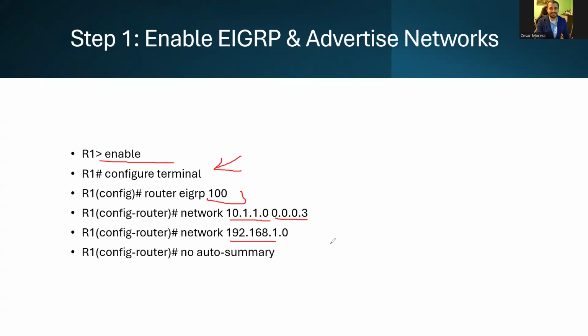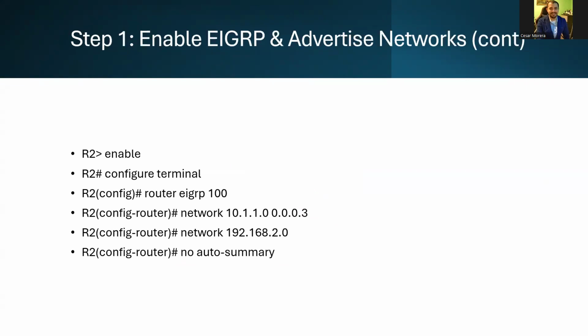Then network 192.168.1.0, and let's say the wildcard mask will be 0.0.0.255, for example. That is another example, but remember the mask is not mandatory. And then we do no auto-summary in order to have a successful configuration for EIGRP. Let's go ahead and clear these notes and move on with the presentation.